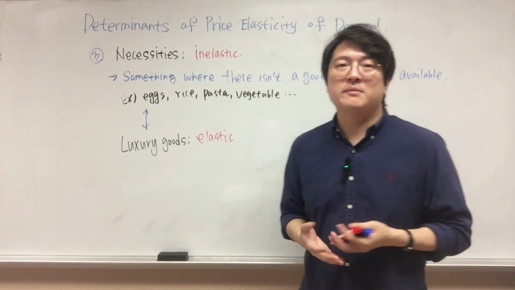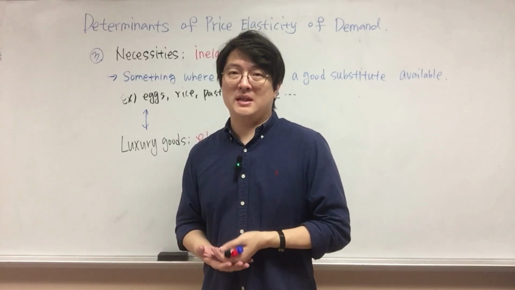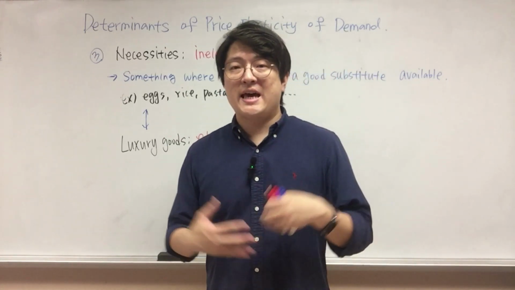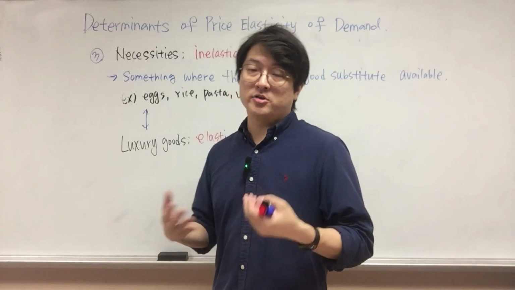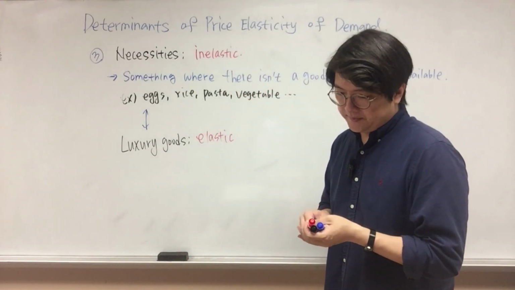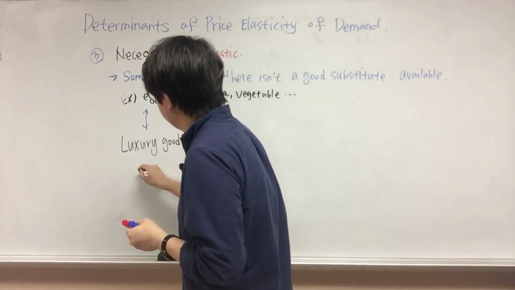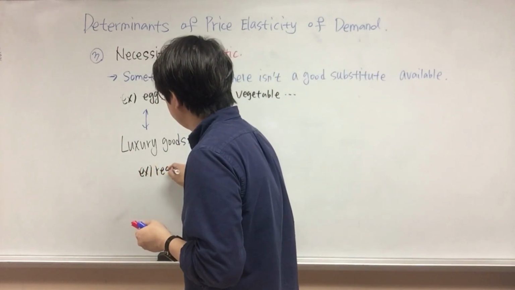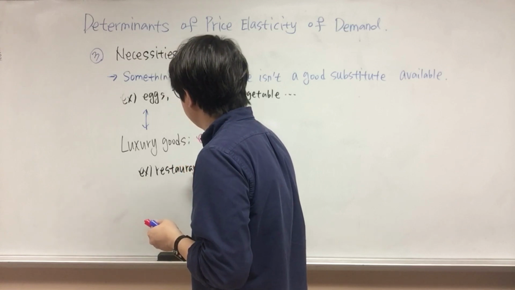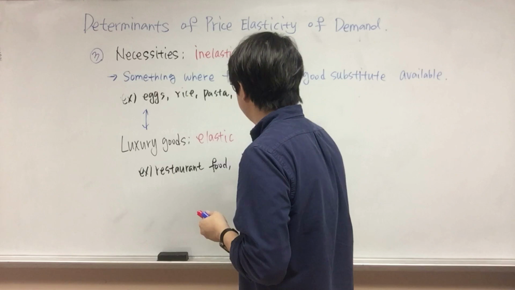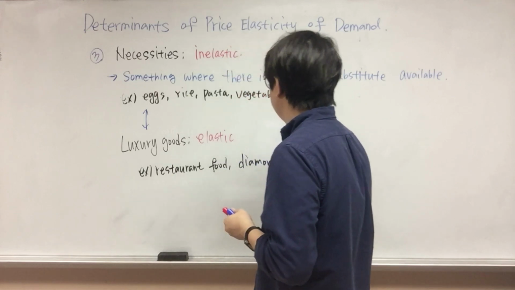Luxury goods are relatively unnecessary products in our life. So, for example, expensive restaurant food and diamonds are luxury items. So it is elastic, right? For example, restaurant food and diamonds.